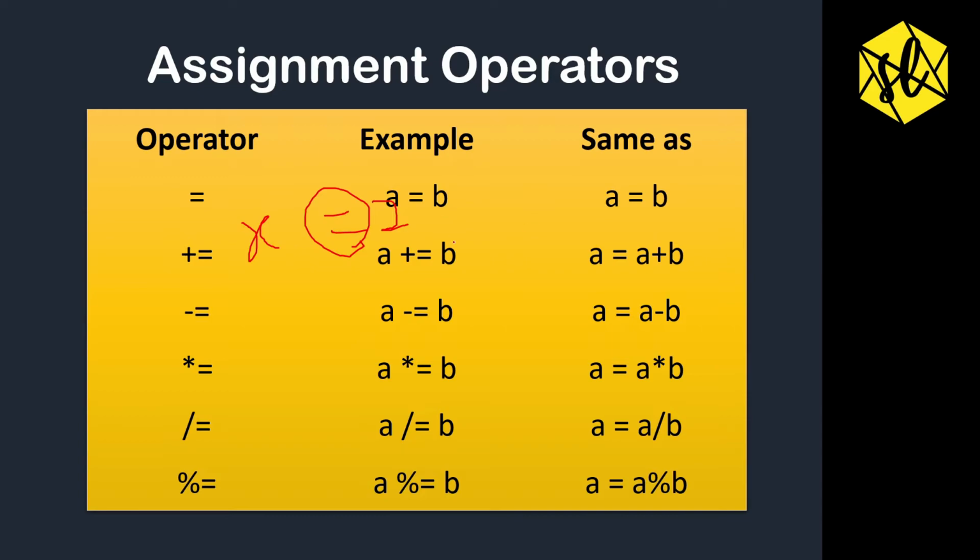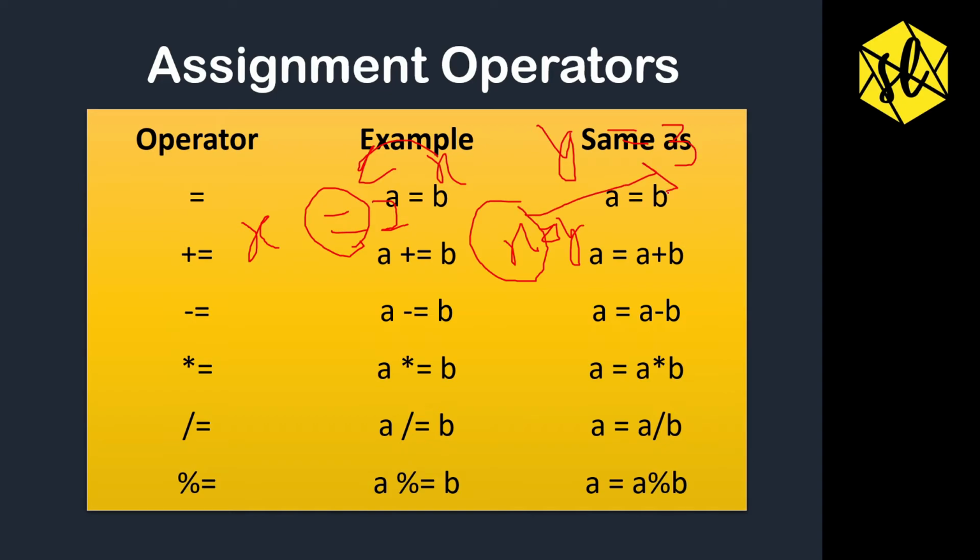Now let us assume we have two variables x and y. X value is 2 and y value is 3. We can also use x is equals to y to get the output, and now we have modified the x value to 3.